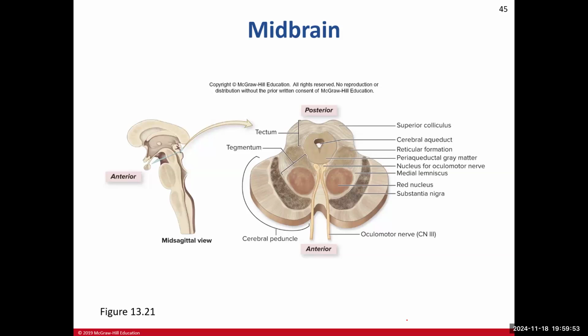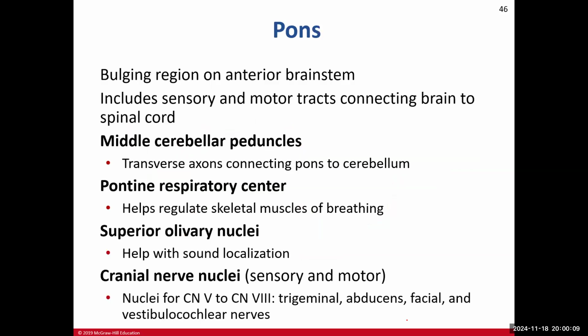But right up here, the cerebral peduncle, this is going to be loaded with somatic motor neurons. Somatic motor neurons.